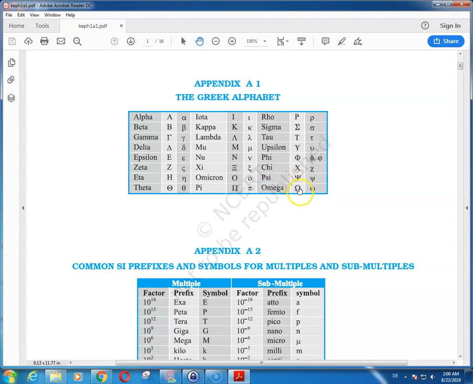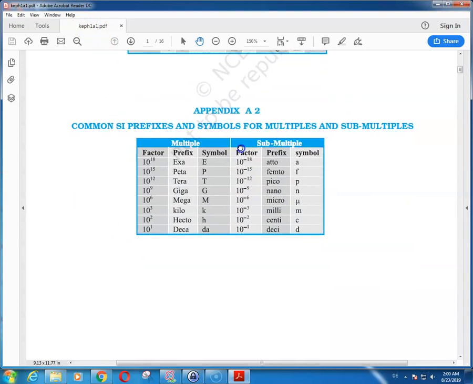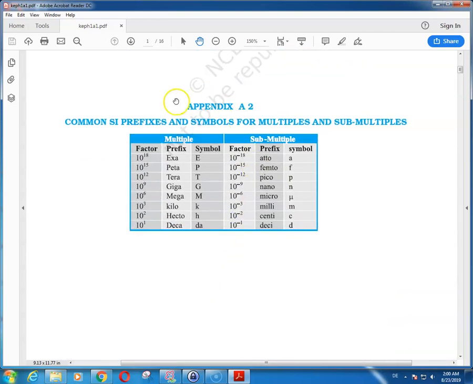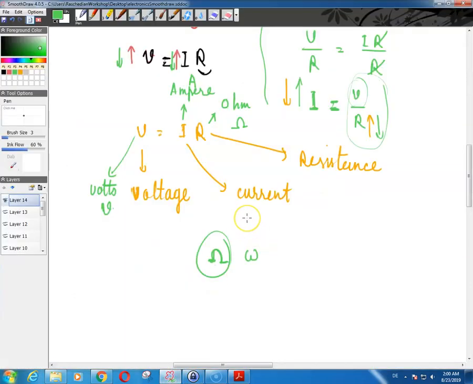The letter used for the unit ohm is the uppercase omega, and the lowercase omega is something like W in English. You can make a screenshot of this, part of some physics book, and of this table as well, because you're going to need it. This is also important.